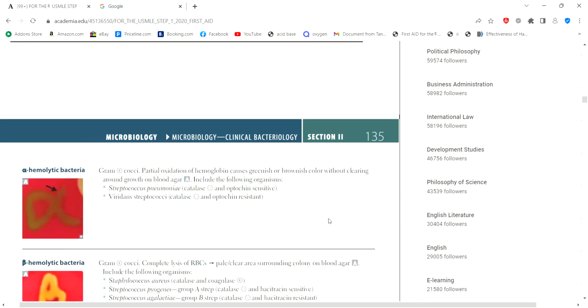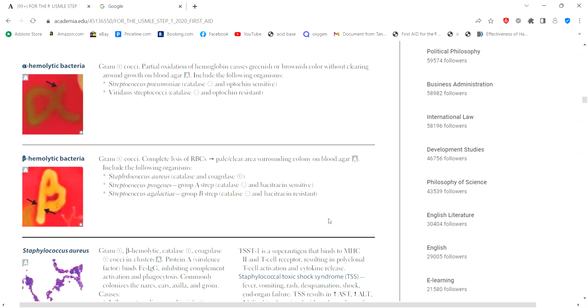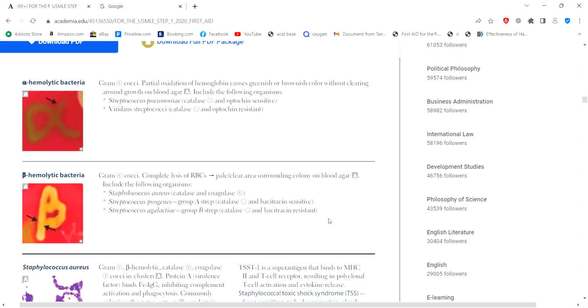Let's see, we're done with that. Now we are going to go on to alpha hemolytic bacteria, gram-positive cocci. A partial oxidation of hemoglobin causes greenish or brownish color without clearing around growth on blood agar. Include the following organisms.